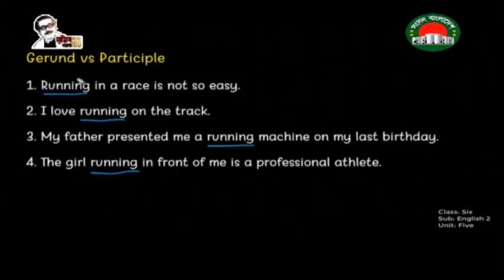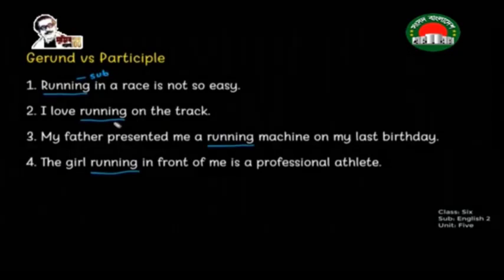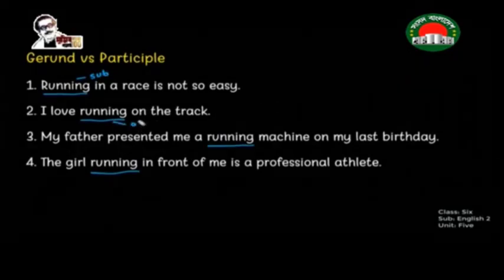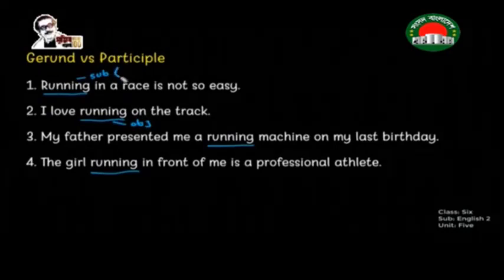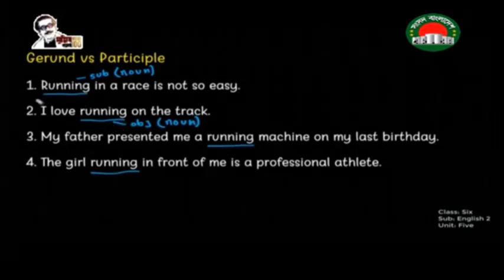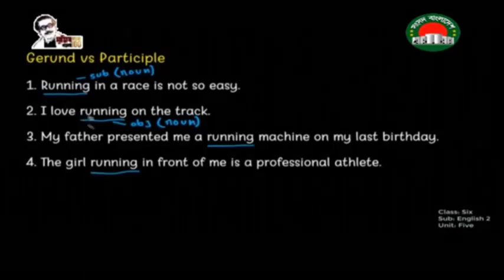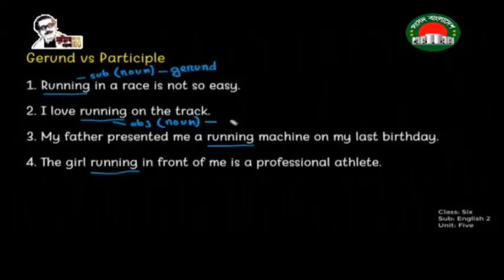How? This running is actually the subject and this running is actually the object. Certainly we know as subject and object we use a noun. So we can say that in the first 2 examples, running is used as a gerund.